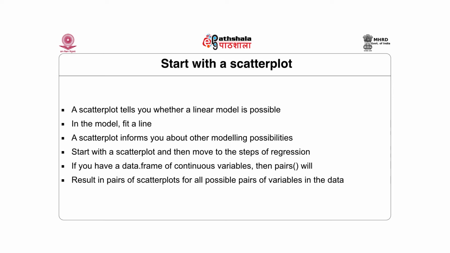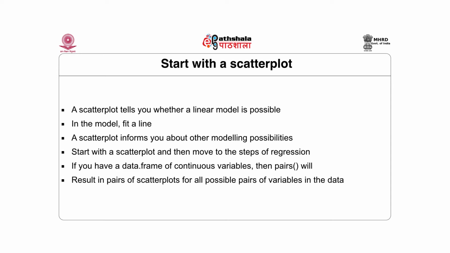Even though we are forcing a linear regression model, a scatter plot can nevertheless inform us about other modeling possibilities, which means that depending on the cloud of the points you may see that a straight line model is probably not the best fit. It is quite possible to have something like a curvilinear model, like a quadratic model, or maybe some other model that can be better suited.